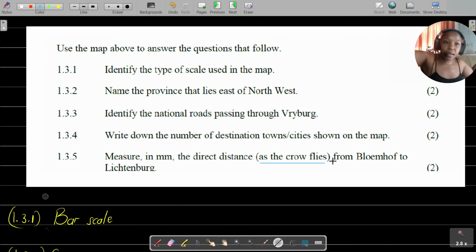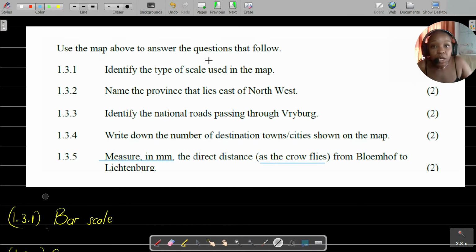You can fly in a straight line. So hence they've said as the crow flies, as a bird flies, from Bloemhof to Lichtenberg, so that you don't try to go on the roads and measure. No, no. Just a straight line distance. Okay. So they want you to measure in millimeters the direct distance from Bloemhof to Lichtenberg.